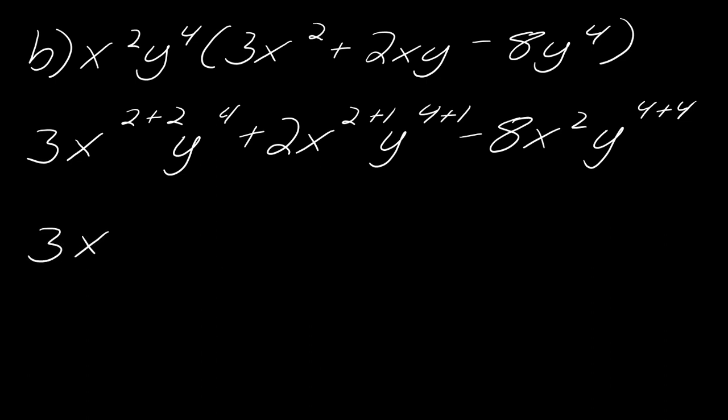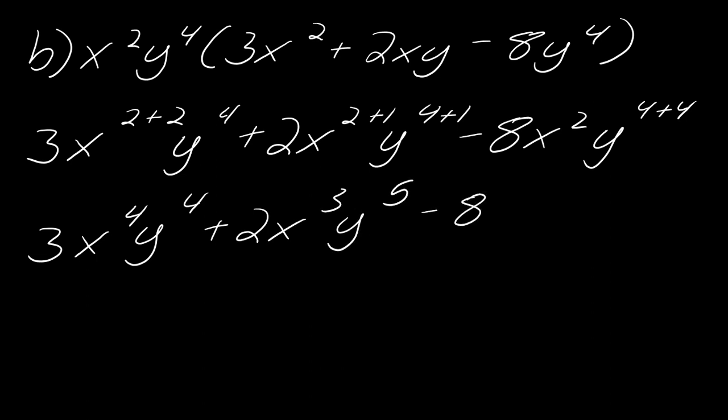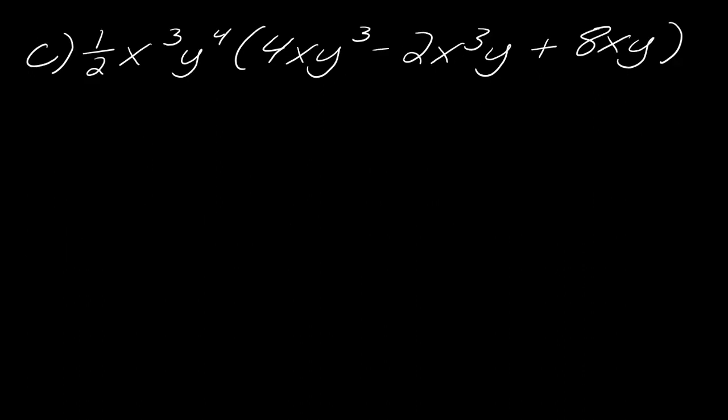So this is going to be 3x to the 4th, y to the 4th, plus 2x cubed, y to the 5th, minus 8x squared, y to the 8th. You don't have to write out all this detail, but if you struggle with what to do, it can be helpful to write out all that detail to remind yourself what you're doing with the exponent rules.